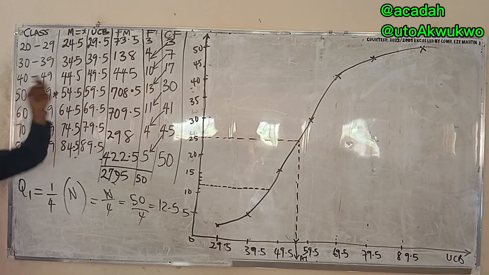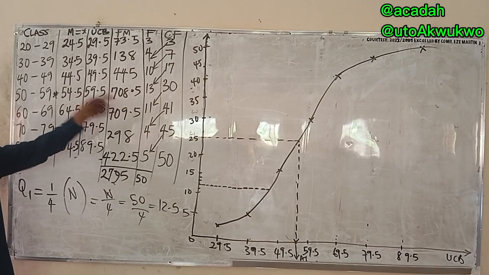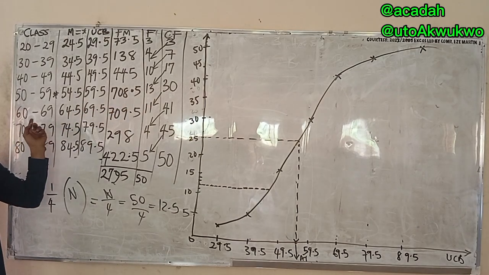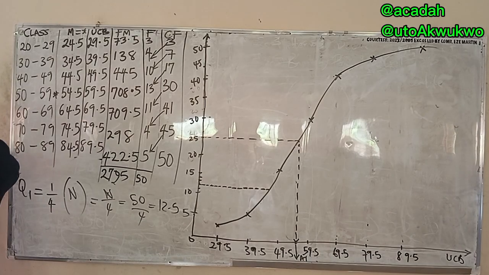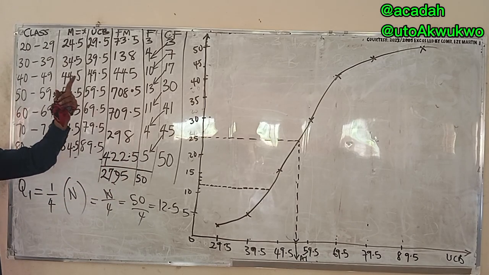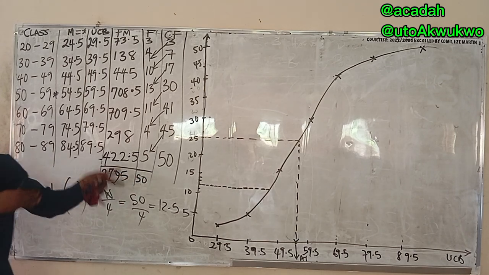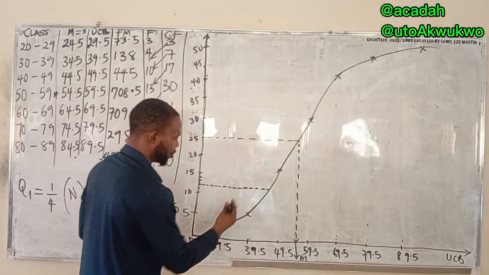If you check other distributions you do, anywhere you find mode, it is likely you find median in that class. Are you getting the point? Because for median to be dominating, it simply means it's more like the central region. But in some examples, when the class interval is twice as large, it might change. So before those shortcuts, you need to understand this. When you do it plenty of times, you can now start using the shortcuts.